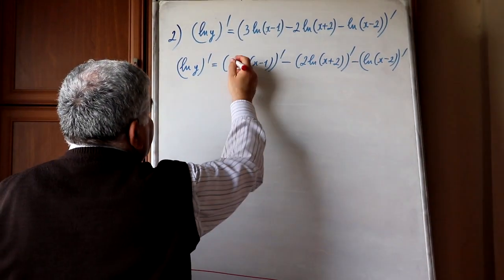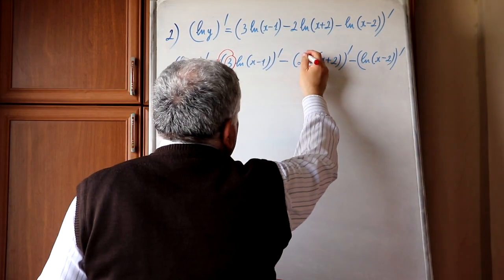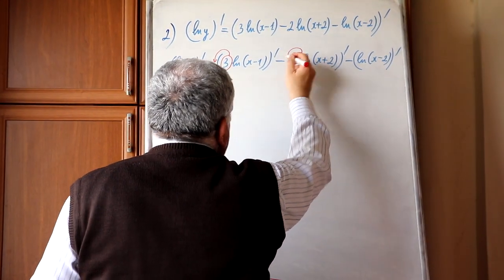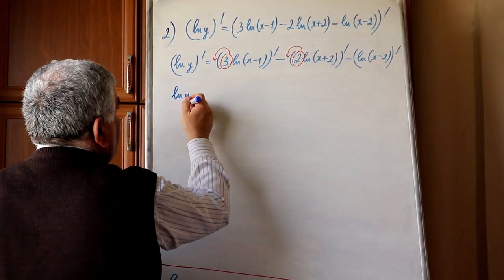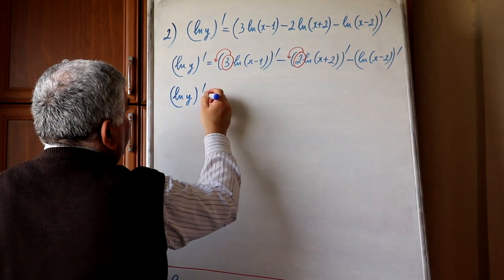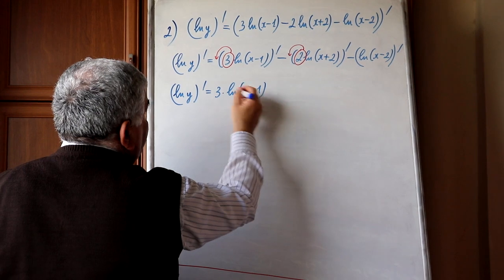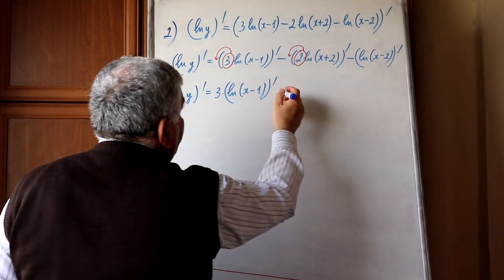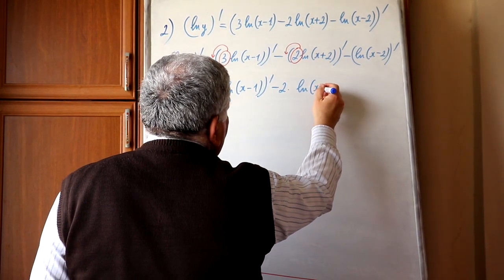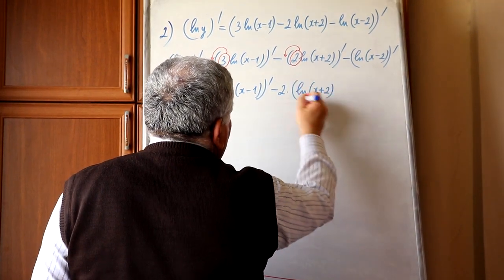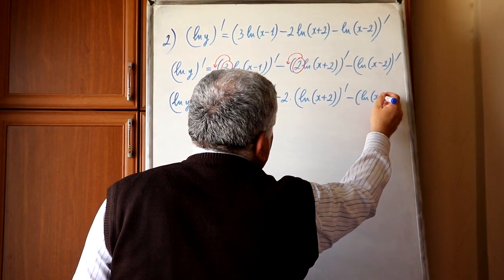Then 3 can be taken out of the derivative symbol, and here 2 also can be taken out. Natural logarithm of y prime equals 3 multiplied by natural logarithm of x minus 1 prime minus 2 multiplied by natural logarithm of x plus 2 prime and minus natural logarithm of x minus 2 prime.